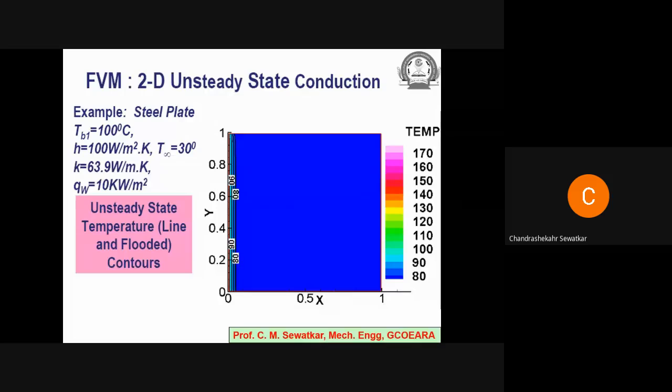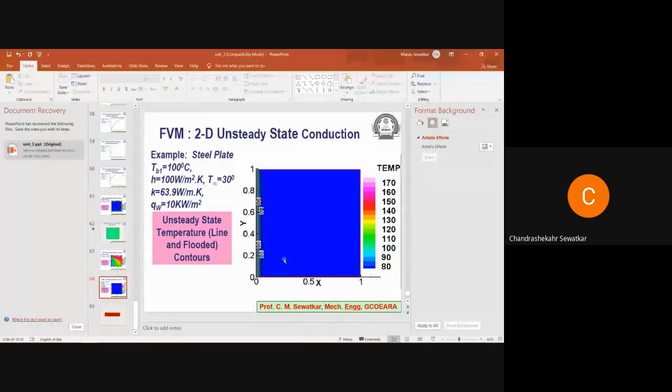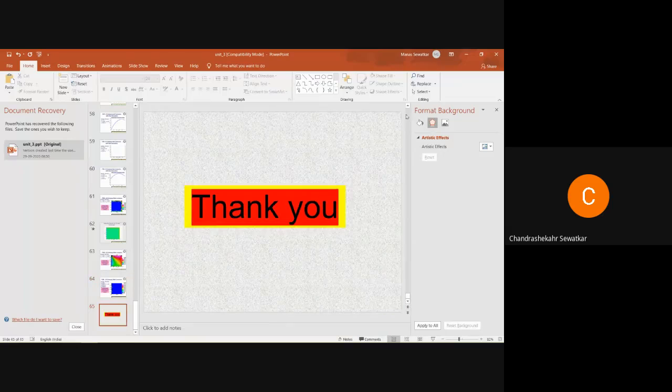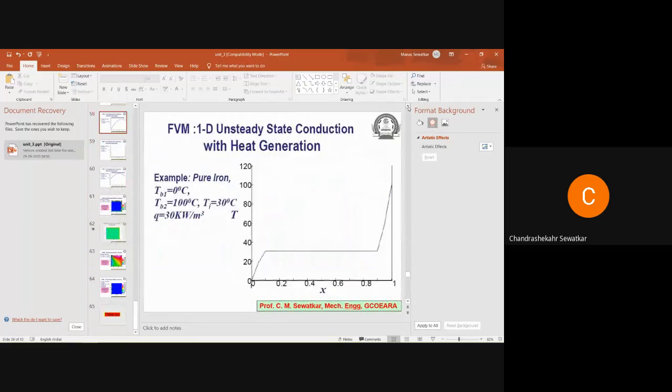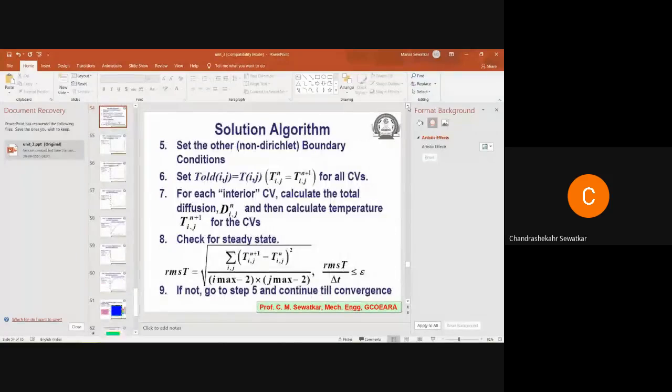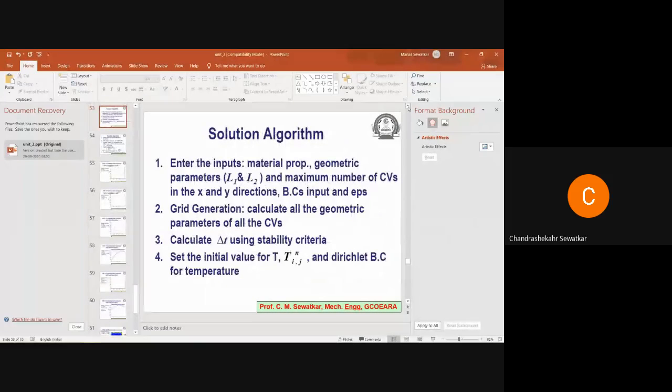So I have come to almost an end of the unsteady state heat conduction problem. In the morning, we looked at the steady state conduction problem. And here we have looked at the 2D and unsteady state heat conduction problem. We have gone through the methodology for discretization of each and every term. We have looked at the algorithm. We have also looked at the equation in the physical way.